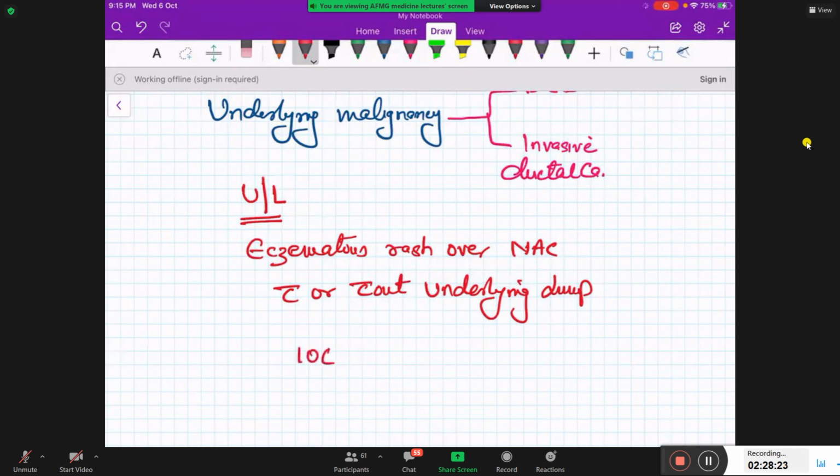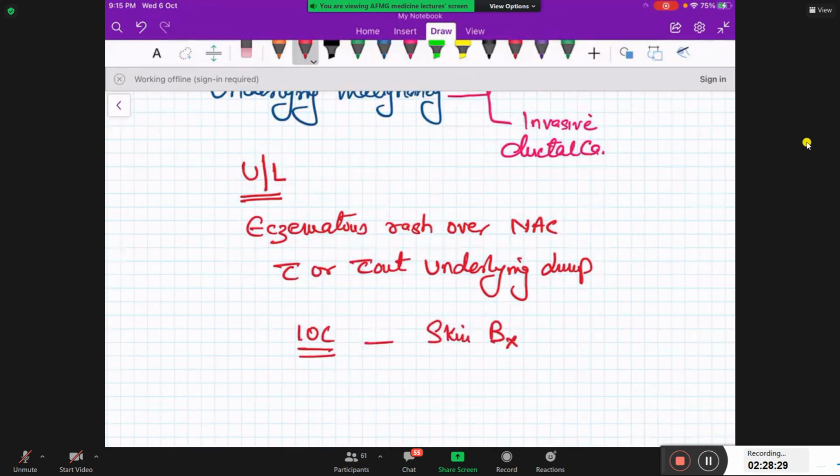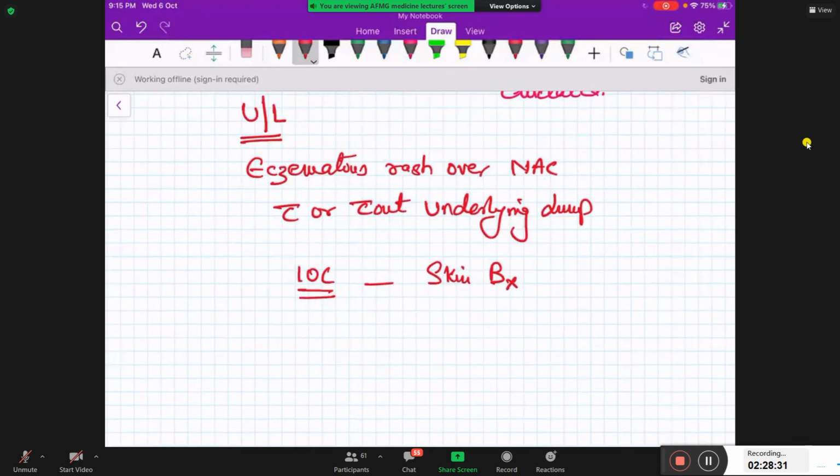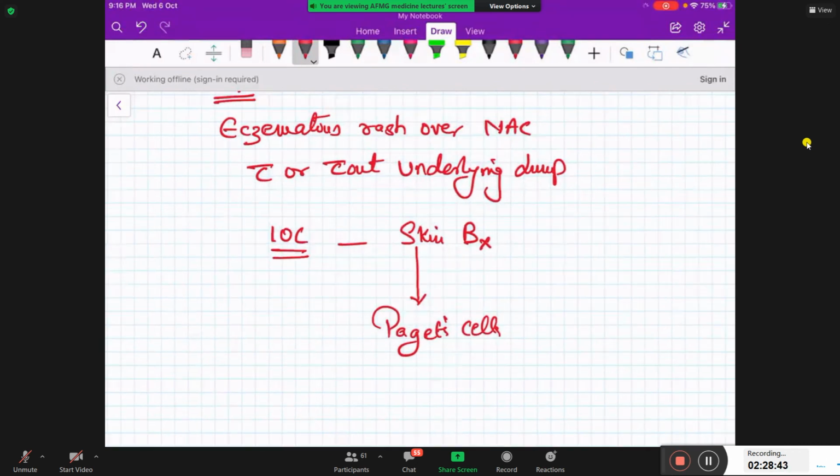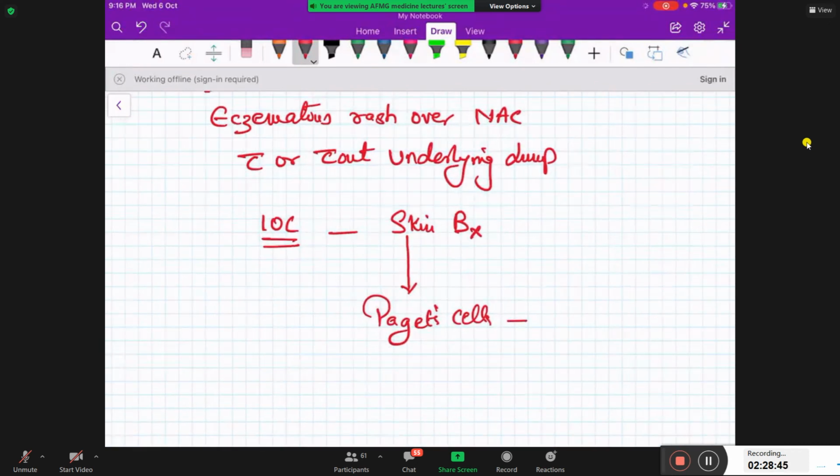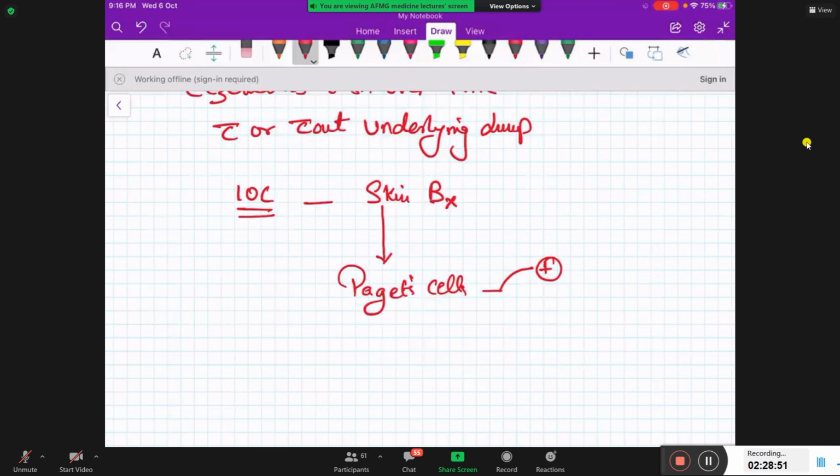Investigation of choice for these patients is skin biopsy.